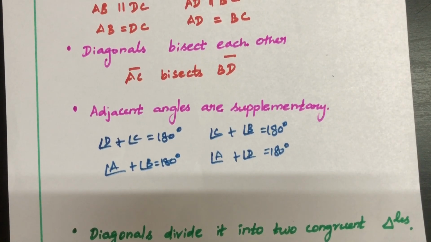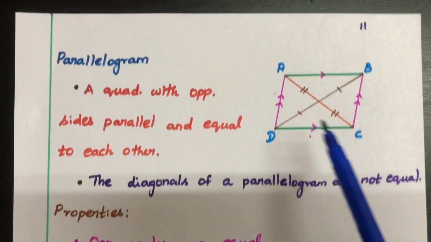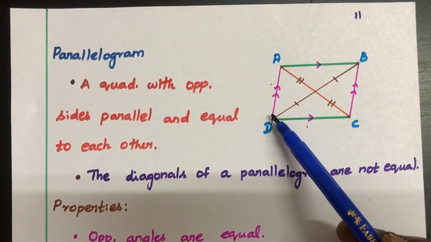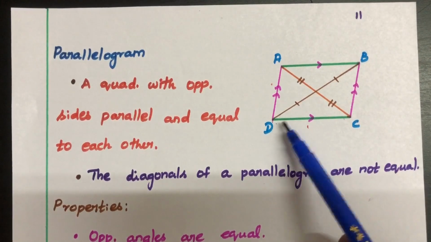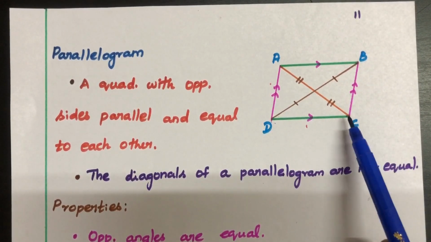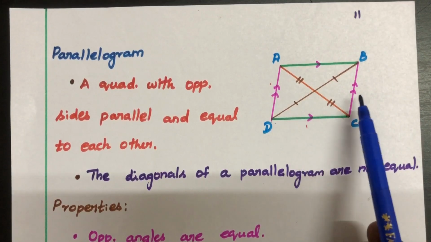Diagonals divide it into two congruent triangles. See, congruent triangle means equal. If you look at this, triangle ABD is congruent to triangle BCD. That means both are equal in size, sides, angles, everything.